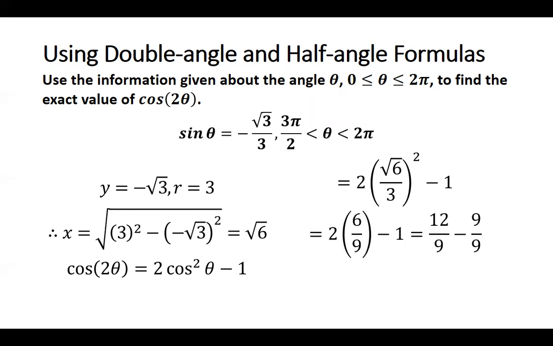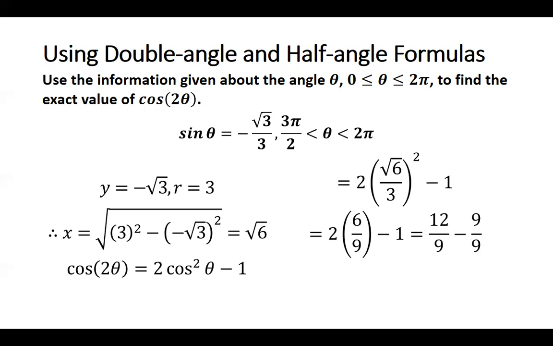If we square that, we get 2 times 6 over 9: the square of the square root of 6 is 6, and the square of 3 is 9. Just remember, you always square the top and the bottom. Okay, minus 1. Multiplying through, we get 2 times 6 is 12 over 9, minus 1, but 1 we can write as 9 over 9.